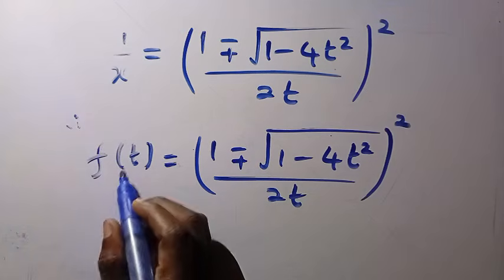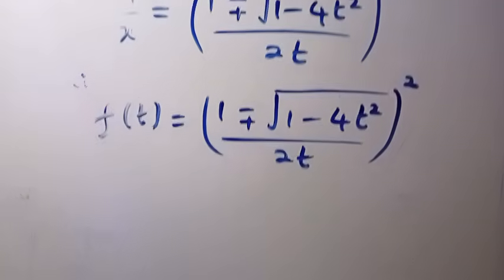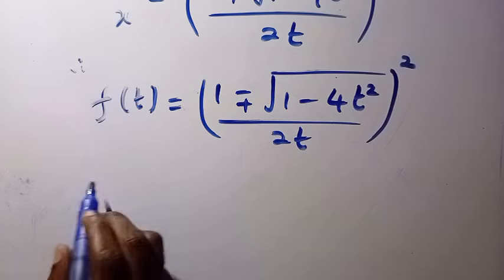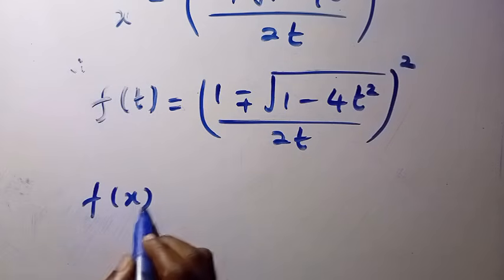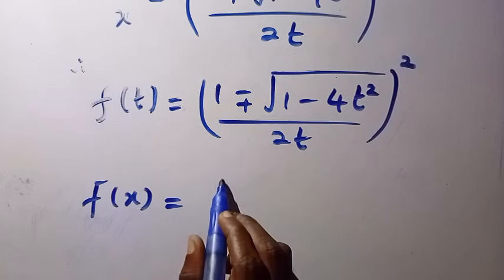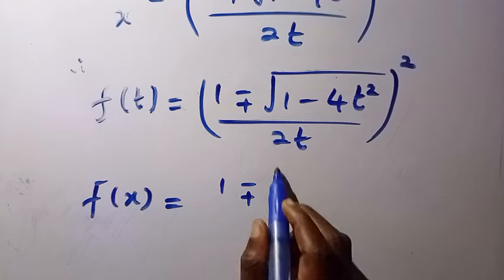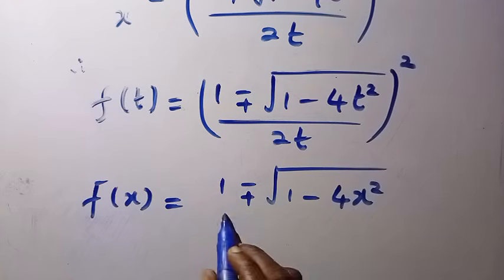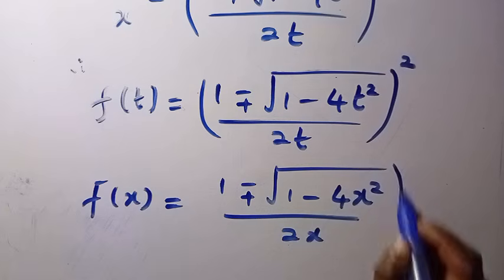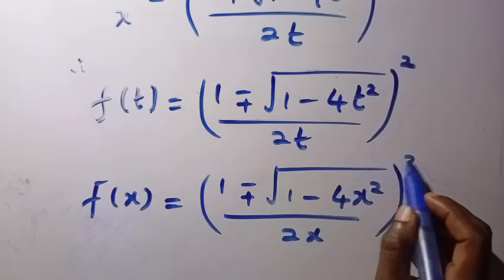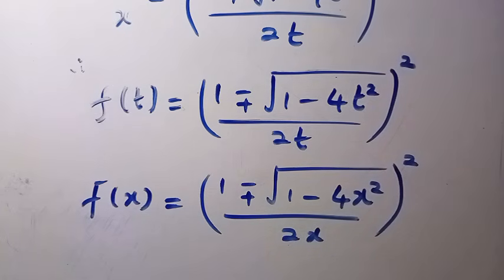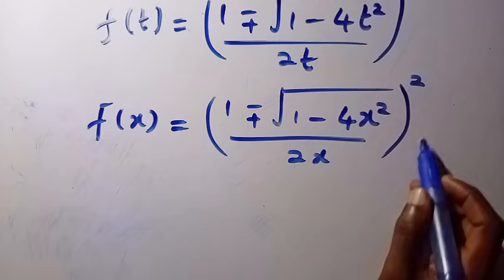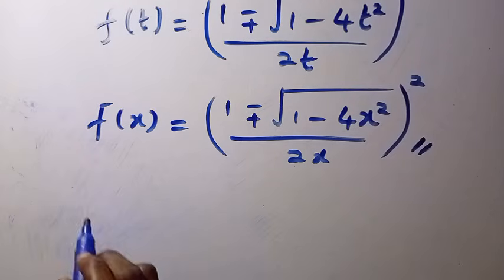Note, t and x are members of the real numbers, so changing this one to x makes sense. We have f of x equals 1 minus plus the square root of 1 minus 4x squared divided by 2x, and all raised to the power of 2. So we can leave the answer in this form or we expand this.